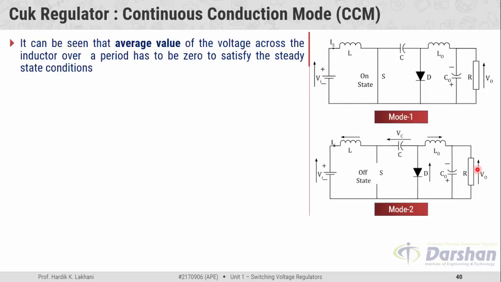So it can be seen that the average value of the voltage across the inductors L and L0 over the period has to be 0 to satisfy the steady state condition, which means that whatever energy is stored by the inductor L during mode 1, the same amount of energy should be released in mode 2.